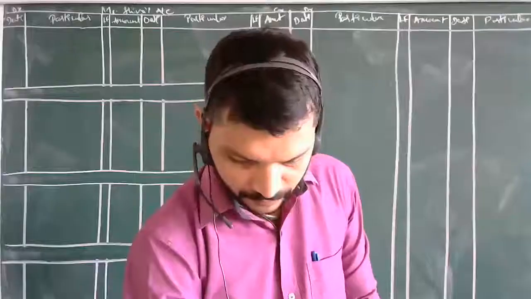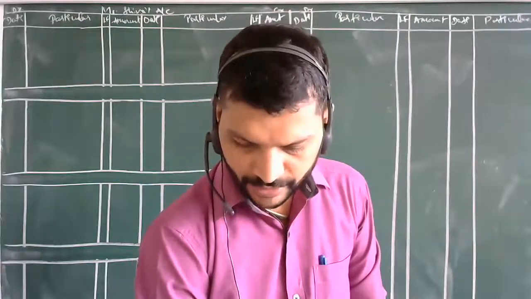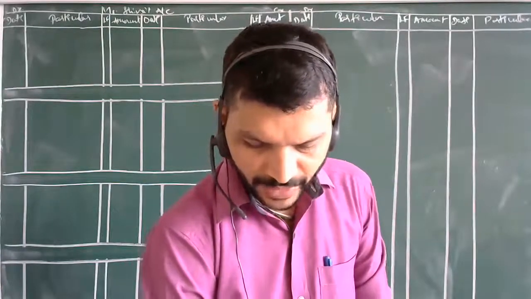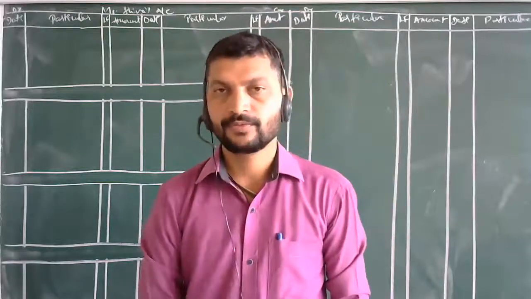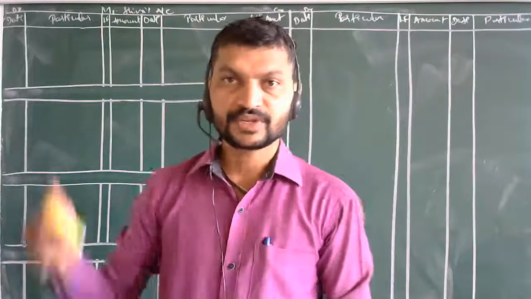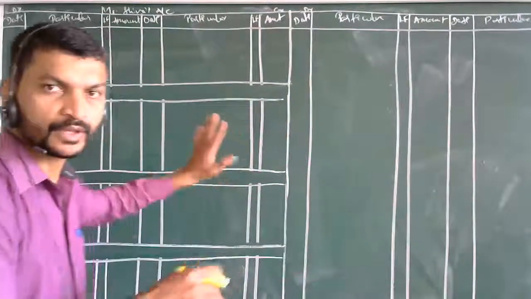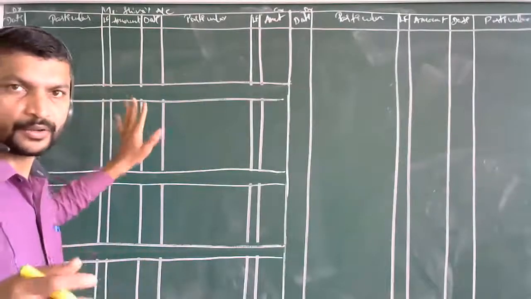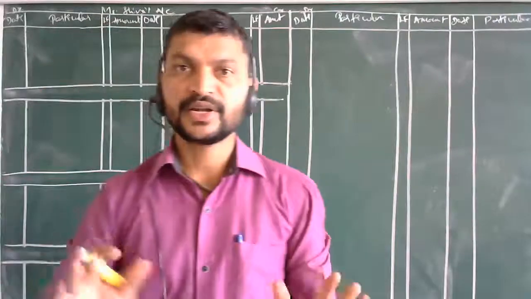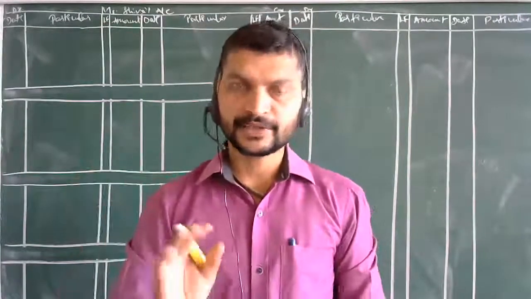The accounts on the debit side of the cash book are credited in the respective ledger accounts, because cash has been received in respect of them. Where you are receiving cash with respect to those accounts, all the debit side in your cash book, the receipt side, all of them will be credited. All the accounts are being credited over here.